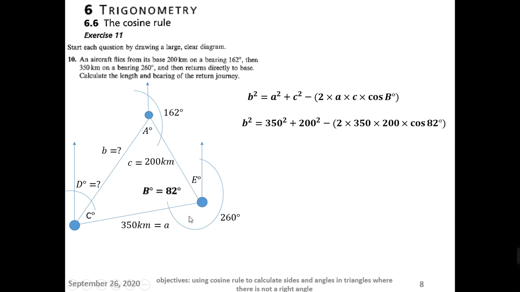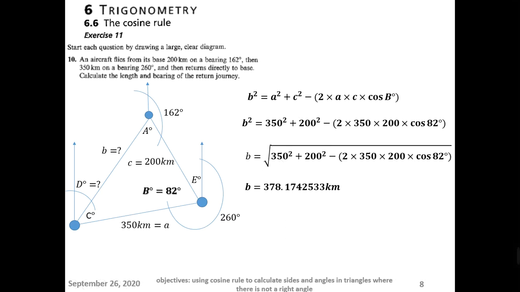We are finding b, so we're going to square root each side. So this comes down to b is equal to the square root. All this goes under the square root.